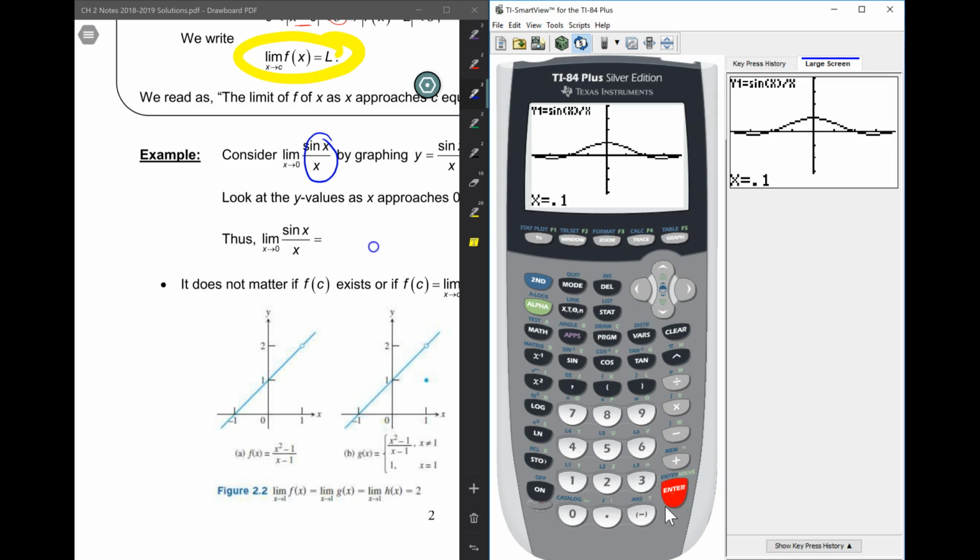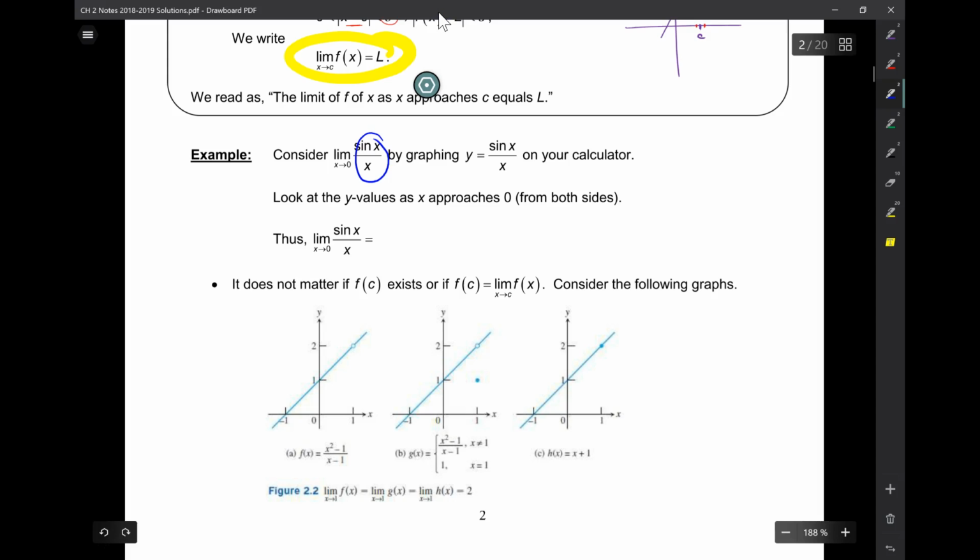But if I put in x equals 0.1, look at that. It's right next to it, and it's very much defined. If x is equal to 0.000 whatever 1, y is equal to 1. Even there it works. Do you see that? So as x approaches 0, the limit here is 1.